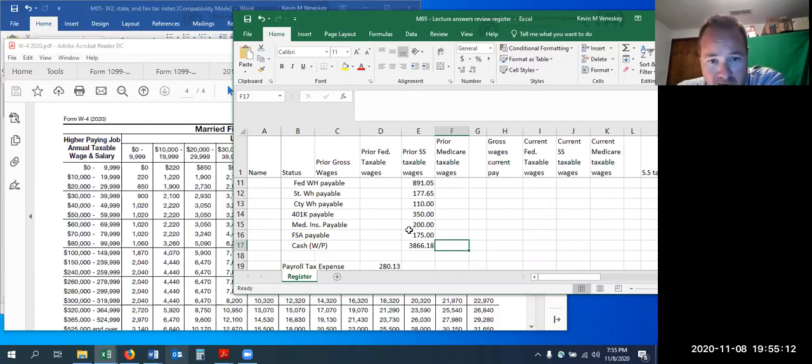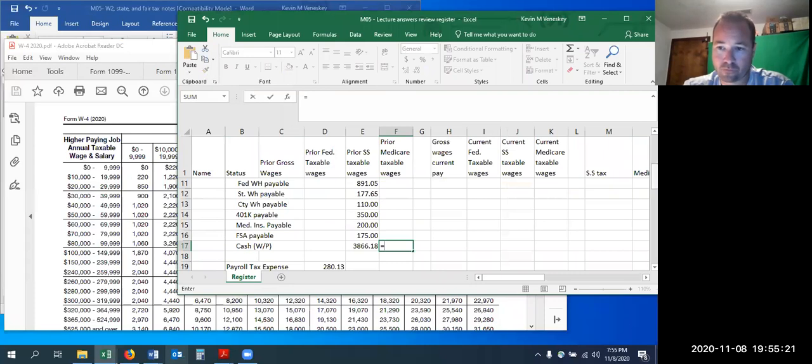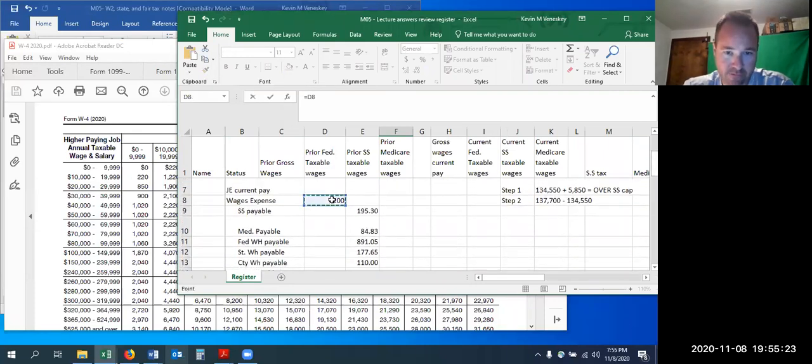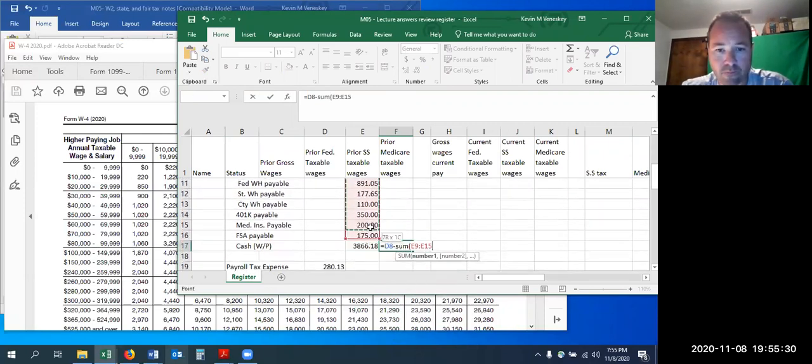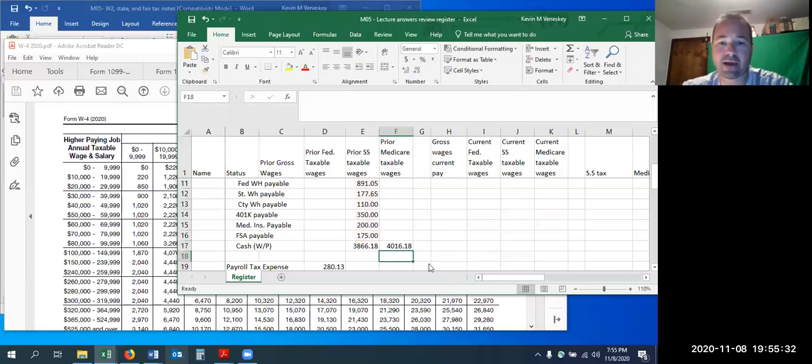Because if you note here, I don't have my other. If I did my check figure and I took this and then subtracted all of these, it wouldn't match.